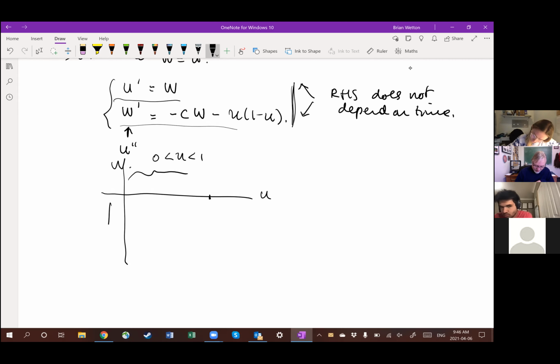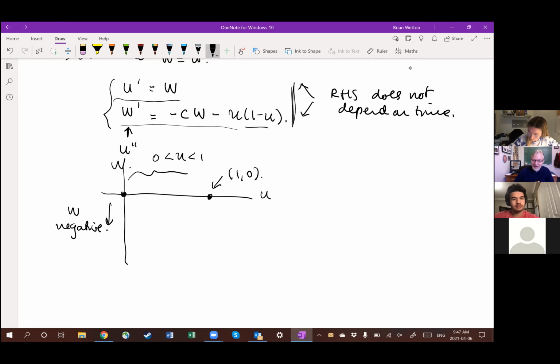And I'm looking for a w negative. So the traveling wave solution I'm looking for is sitting here, right? I know I have two equilibrium points. If I have u equals 1 and w equals 0, okay, that's an equilibrium point.